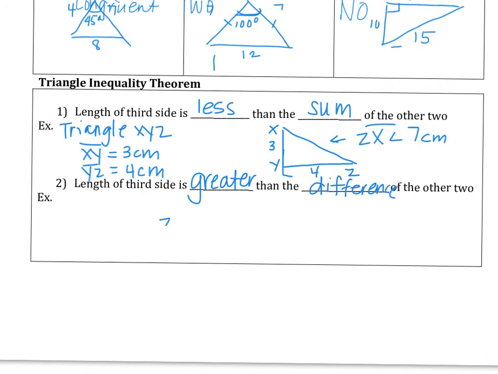So line segment ZX has to be more than 4 minus 3. So ZX is greater than 1 centimeter. So then what we do know by the triangle inequality theorem for this triangle is that this line segment, if we don't know what it is, we know that it's less than 7 centimeters and greater than 1 centimeter.